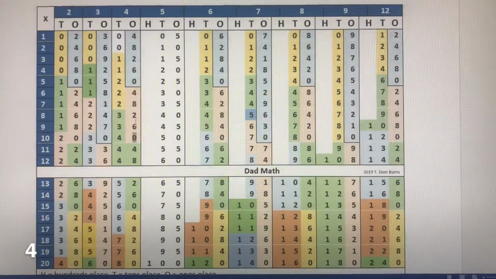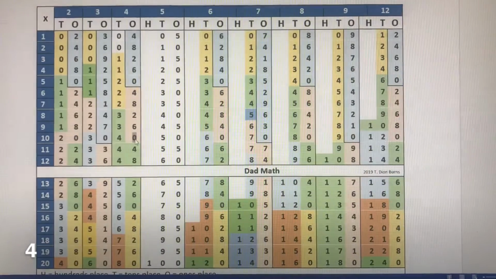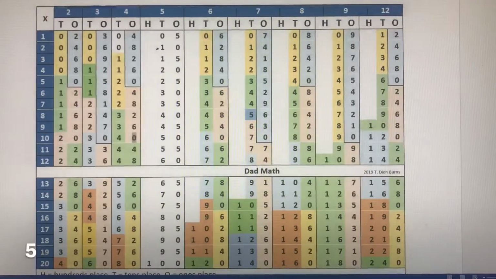But if I ask you what is 4 times 10, and you know the pattern is 48260, then the next answer has to end in 0, but it can't be 30, so it has to go up to 40. So then we know that 4 times 10 is 40. The 5s are easy.